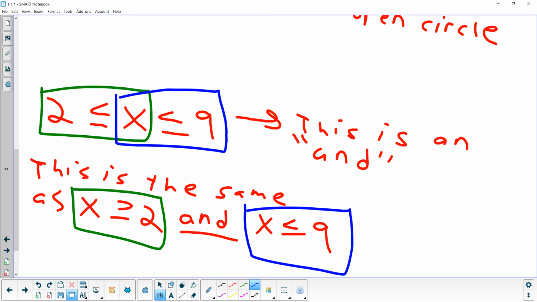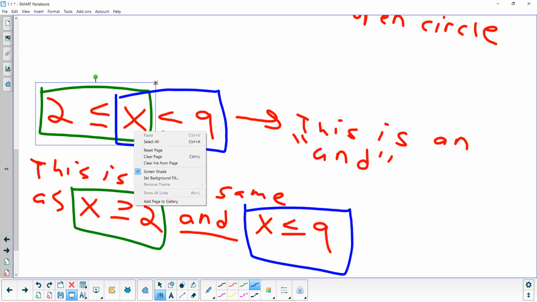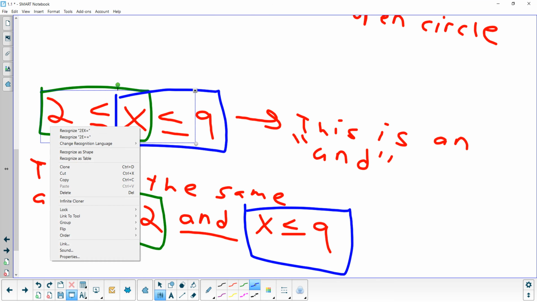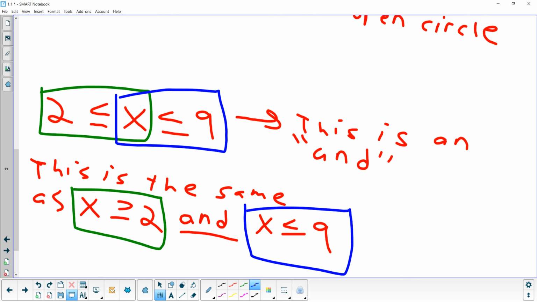So you might see a problem on a test where it gives you a box that's a conjunction, and it may say break it down. So it's 2 separate statements. That's how you would break it down. Or you can take 2 separate statements and combine them together. The way I generally think to do it is you put the variable in the middle, the smaller number on the left, and the bigger number on the right.